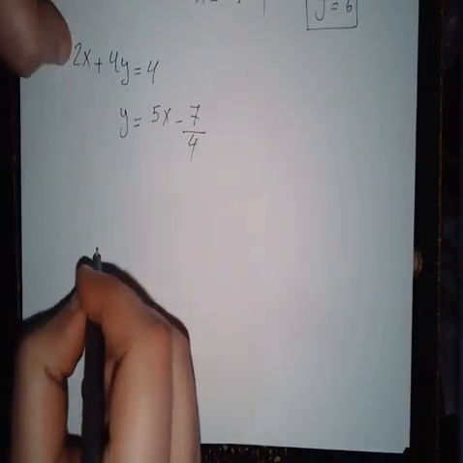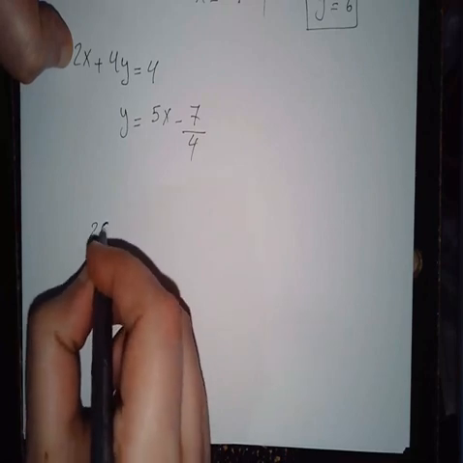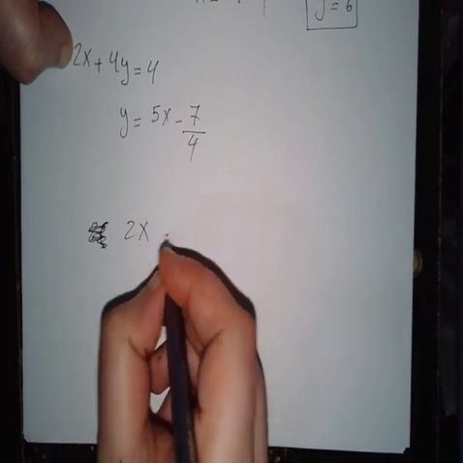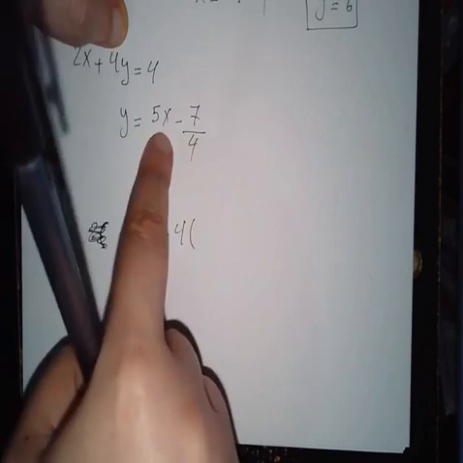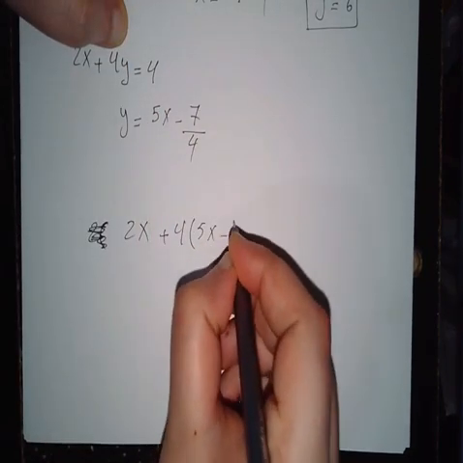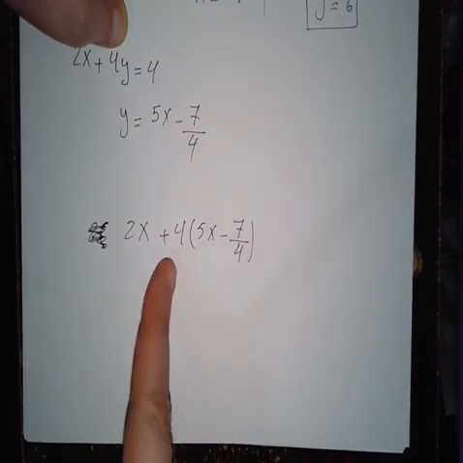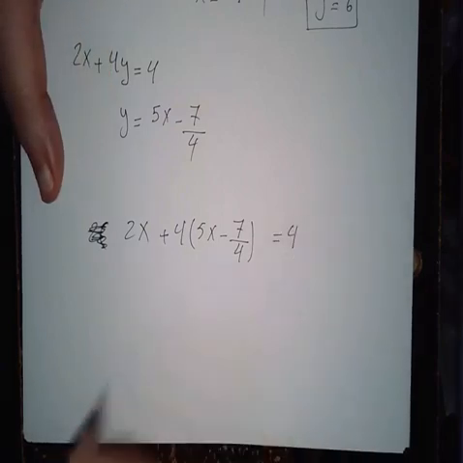So grabbing the first equation, 2x, why did I put parentheses? 2x plus 4 times whatever y value we have. So y equals 5x minus 7 over 4, and the whole thing is multiplied by 4, and equals 4.